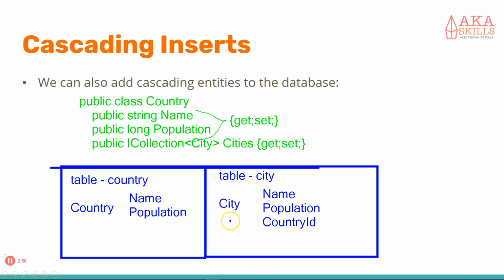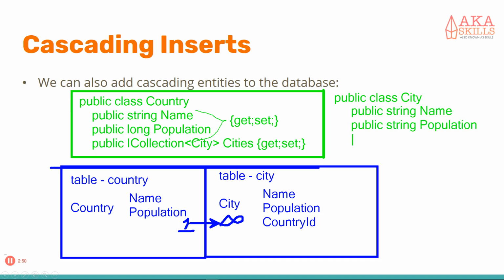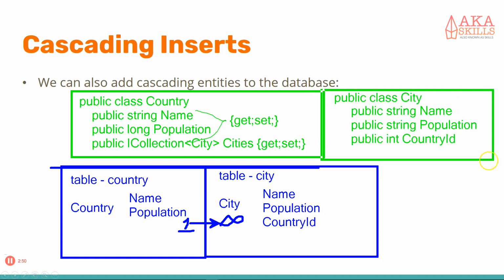In that way you're making the one-to-many relation. Here is how it looks inside our code. So we got public class Country, and here we got public class City, and this City has public string Name, public string Population, and public int CountryId. So that's how it looks.